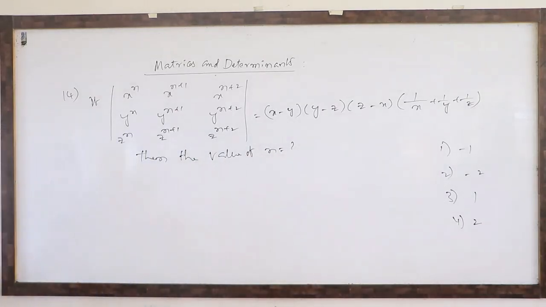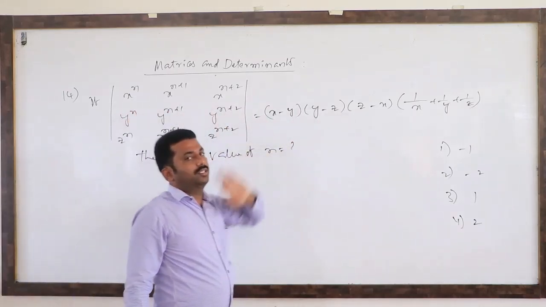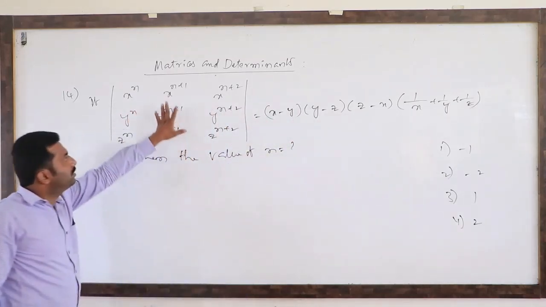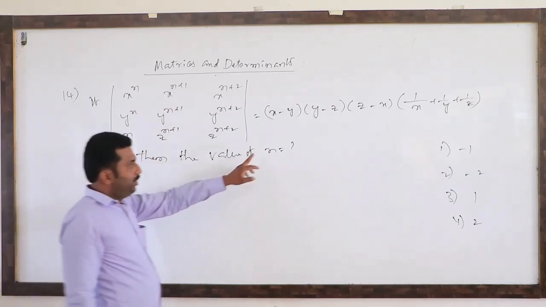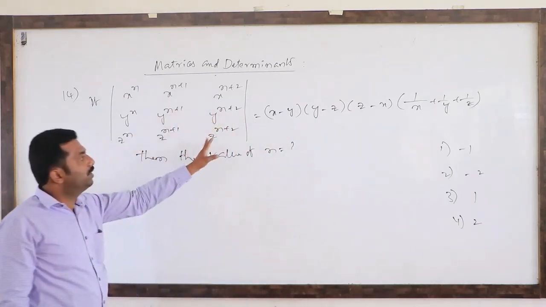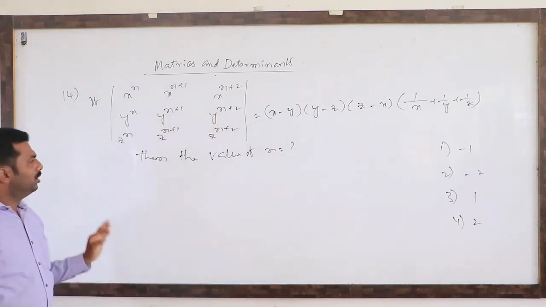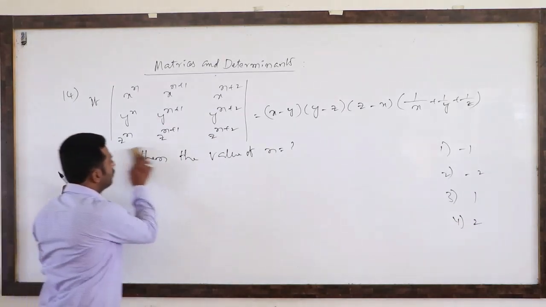So very clear, one determinant is equal to an expression they have given. Then what is the value of n? You can verify with the options. Means n equal to minus 1, if you substitute here, you have to simplify the determinant and compare. I think it is a little bit lengthy according to that concept.